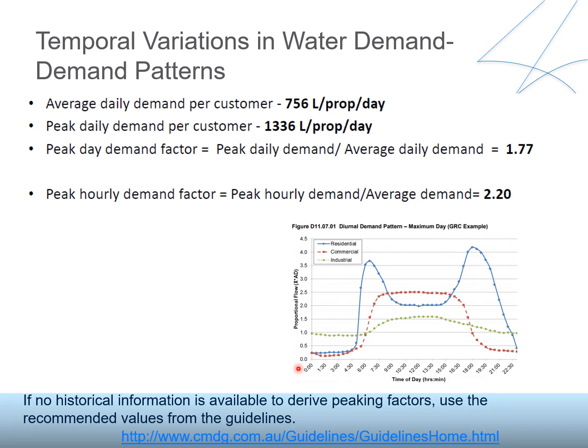But if you don't have that kind of information, then you need to look at the guidelines and look at those values. Even if you have that information, you need to check with the guidelines if it is too different, and if the council allows you to use the information that you get from your trend.